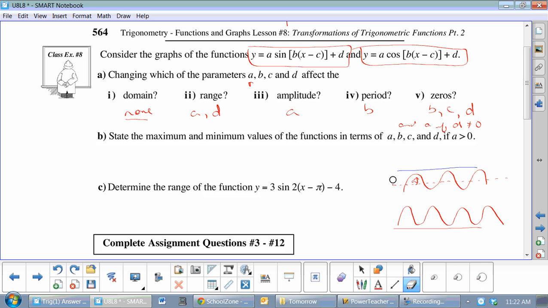Okay, let's throw some numbers in here. If this was -3 and this is 2, what is the maximum value? -1, is it not? So what I'm trying to do is get you to come up with a general equation.